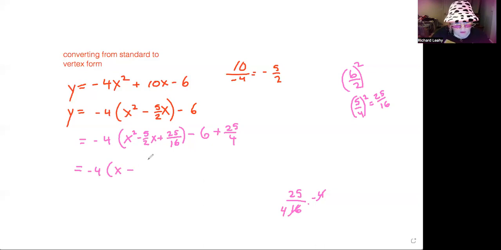So this is always going to be half of b, which is 5/4 here, squared, and whatever this comes out to be. Let's see, like 6 is 24/4. I think it's just 1/4.